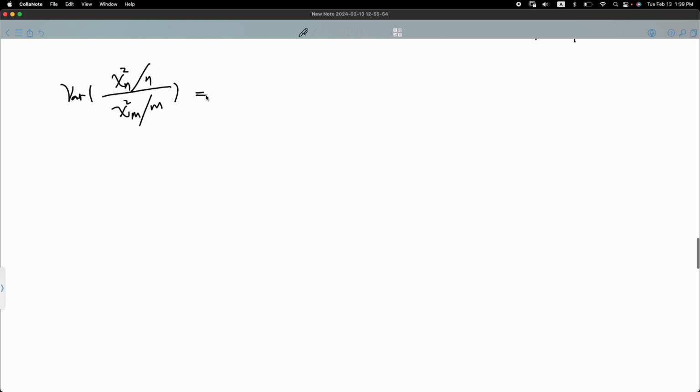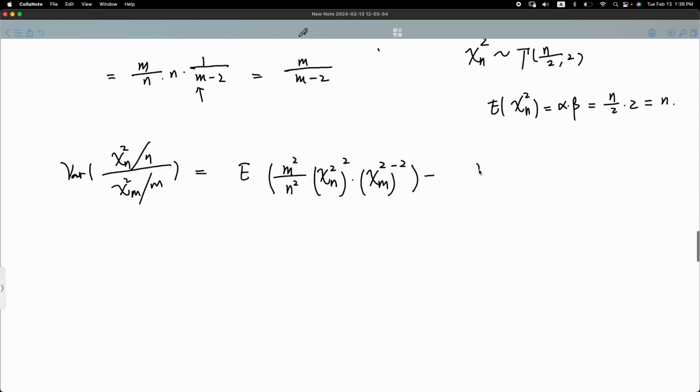This should be the expectation of m squared over n squared, chi-square of n raised to the power of 2, and chi-square of m raised to the power of -2, closing that, minus the square of the first moment, which is m over m minus 2, squared, from the first part.